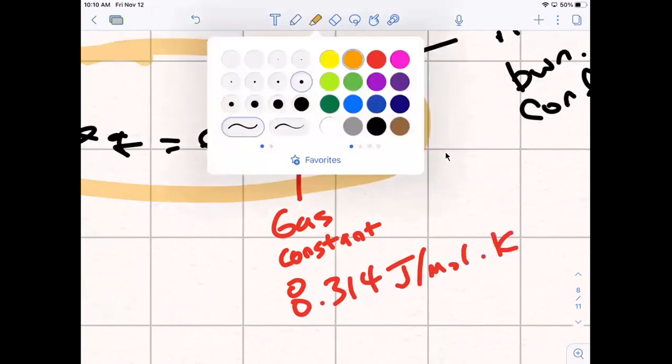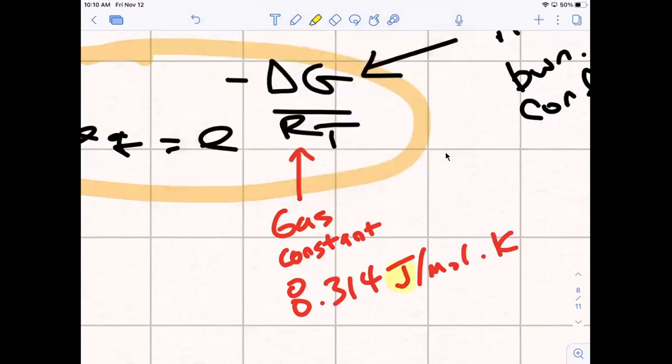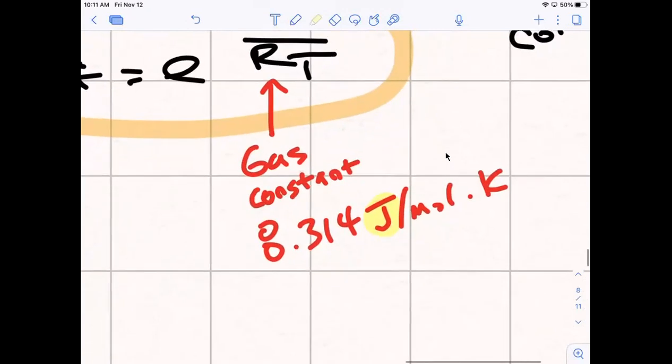This is kind of a sticking point because most of our energies are reported in kilojoules. So we have a choice. We can convert the energy into joules, or we can convert R into kilojoules.